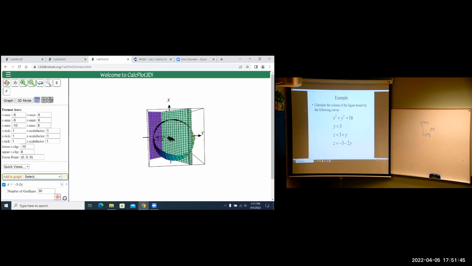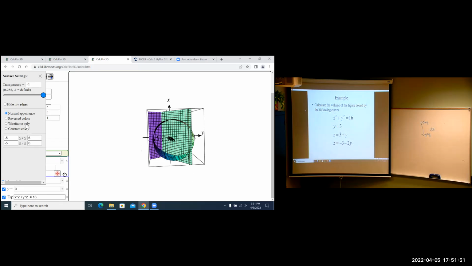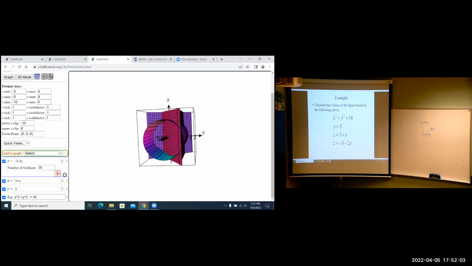Actually, that'll still work. Let me change the color on. There we go. Now you can see the lines a little better. We have a circle, but there are straight lines going down it. So it's this purplish region in between these two lines here.